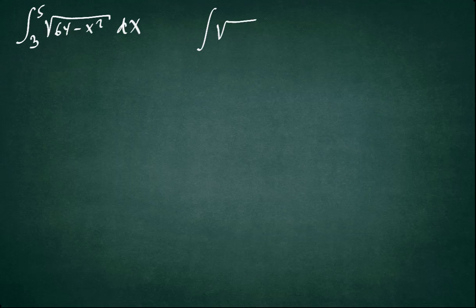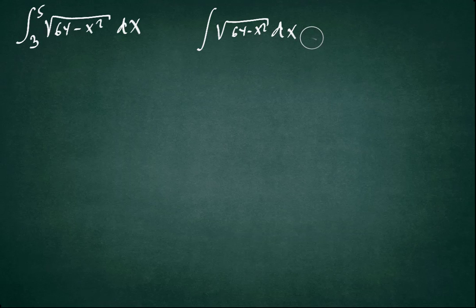If we rewrite here the integral of the square root of 64 minus x squared dx between 3 and 5, we are going to forget this definite integral and go to the indefinite integral without the 3 and the 5 and try to calculate the values here.